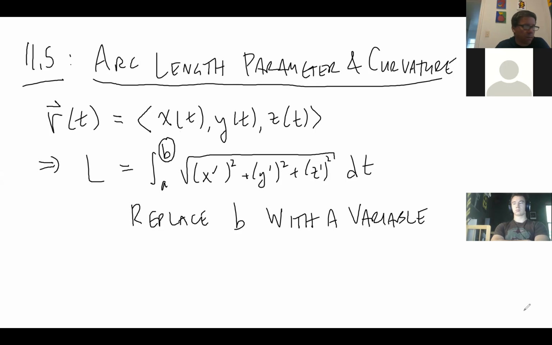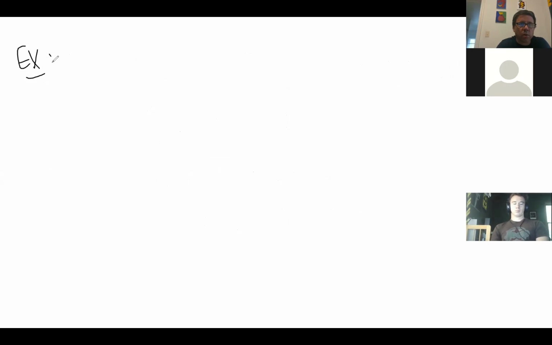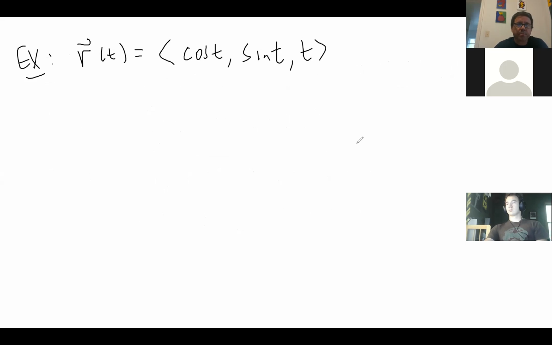But I'm going to do a pretty simple example here, which hopefully over time gets into your head. r(t) would be cosine, sine, and then t. So there's my vector valued function, the usual x and y are cosine, sine.